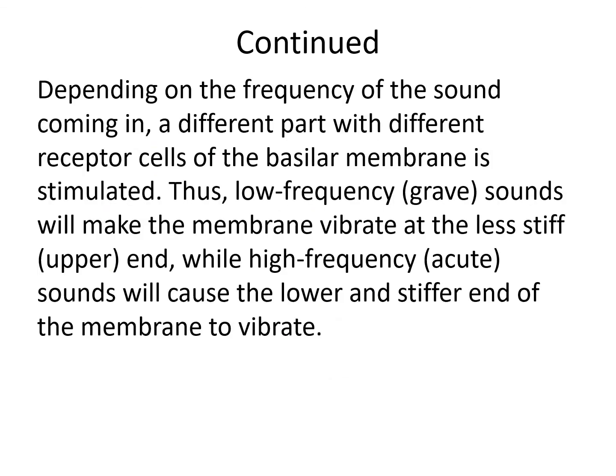Depending on the frequency of the incoming sound, different receptor cells of the basilar membrane are stimulated. Low frequency, or what we can say weak sounds, will make the membrane vibrate at the tip or upper end, while high frequency, or acute, harsh, or loud sounds, will cause the lower and stiffer end of the membrane to vibrate.